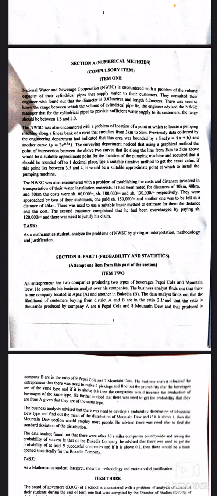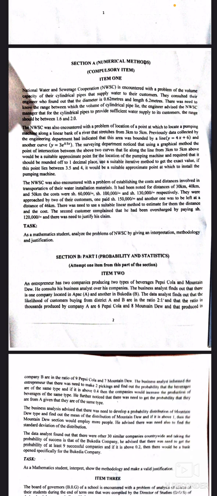The NWSC was also encountered with the problem of establishing the costs and distances involved in transportation of their water installation materials. It had been noted that for distances of 30 kilometers, 40 kilometers, and 50 kilometers, the costs were shillings 60k, 100k, and 130k respectively. They were approached by two customers.